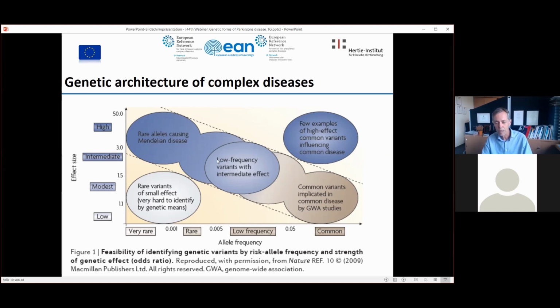That's a very famous graph that's usually used. It's a Manolio graph that is applicable to many diseases, for example, also to Parkinson's disease. And here we will get to know some of those variants during the talk. Some of the rare variants are called alpha-synuclein or Parkin or PINK1 or LRRK2.